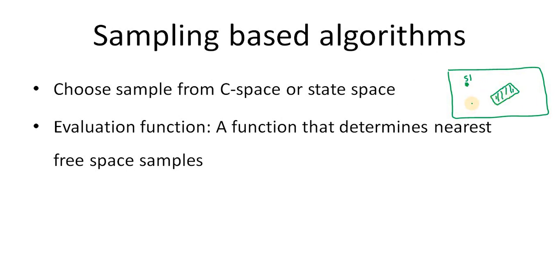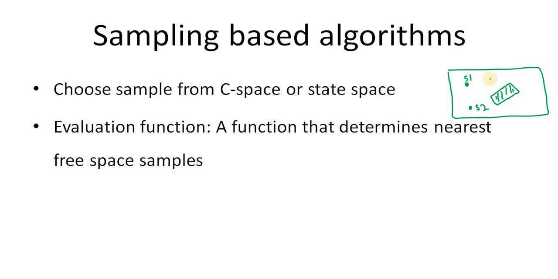But if we take one other random sample S2, then it now has the nearest sample S1 available. So we need some kind of evaluation function to determine which one is the nearest sample.